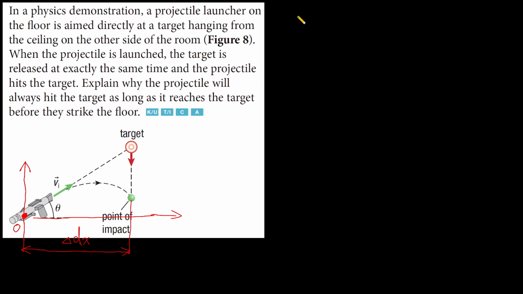Now we know that at the beginning, the x-coordinate of the projectile is 0, because at the beginning the projectile is at its starting point, which is also the 0 reference point.